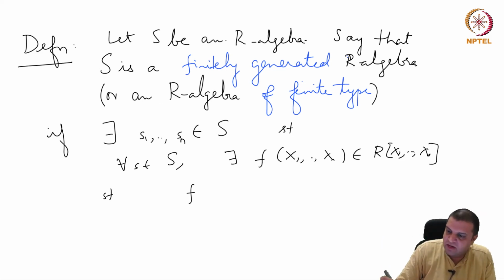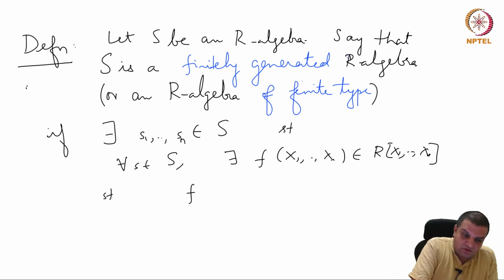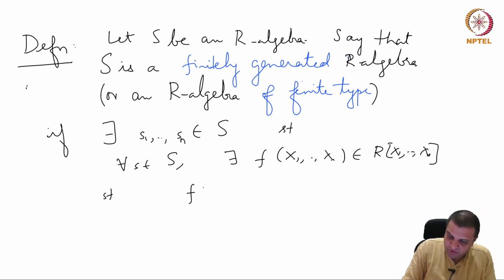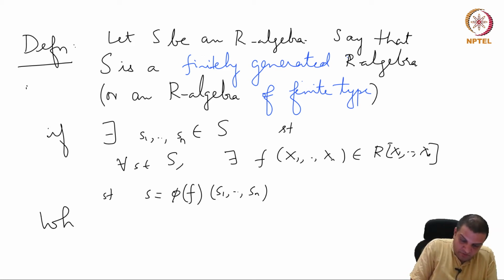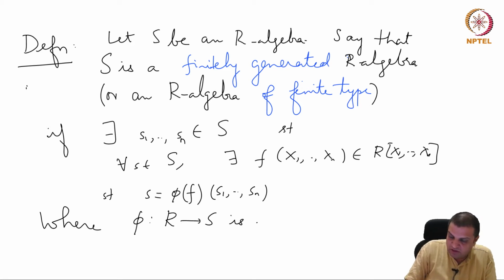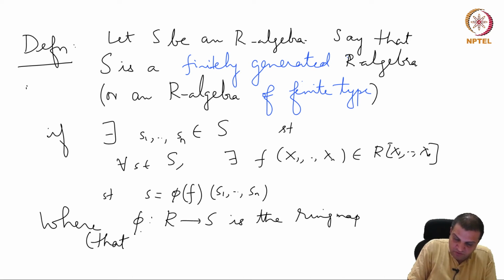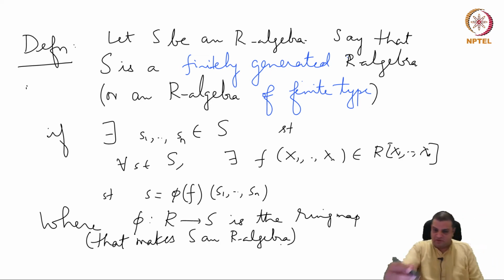So let me just write, such that phi of F applied to s1 through sn is equal to s, where phi is the ring map that makes S an R algebra. Sorry, I should have said this as part of the setup itself.